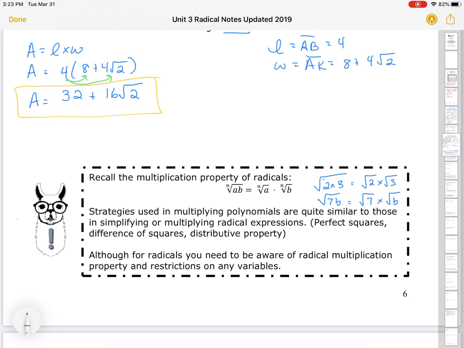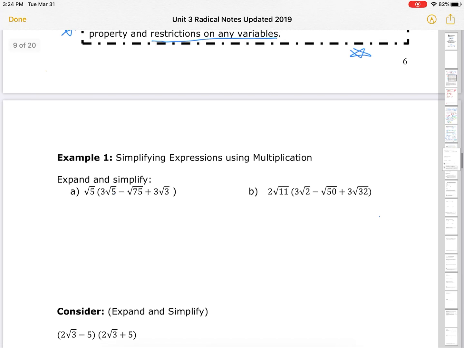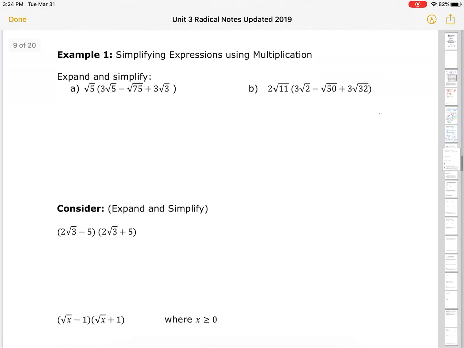So the same strategies we use with perfect squares, difference of squares, and the distributive property are going to apply. Although for radicals, you need to be aware of the radical multiplication property and any restrictions on variables, because remember, you can't have a negative under your radical. Okay, your radicand cannot be negative.